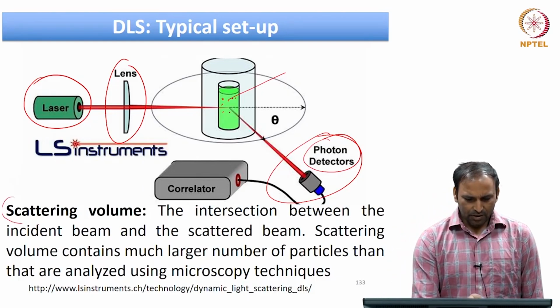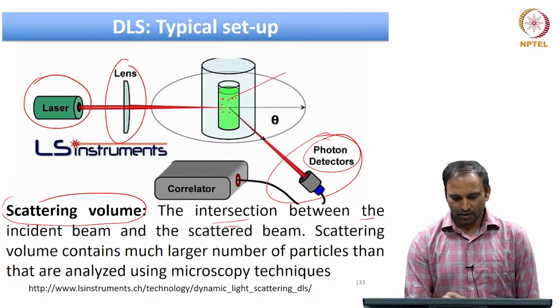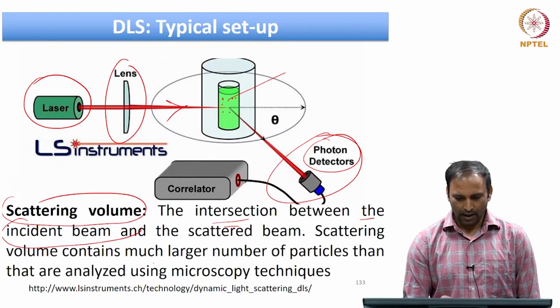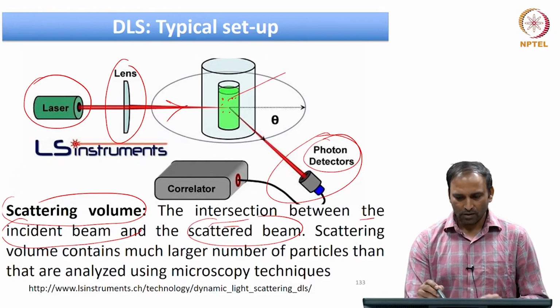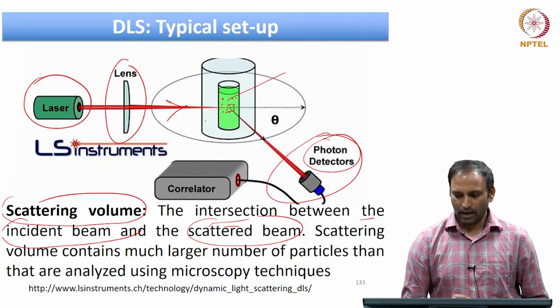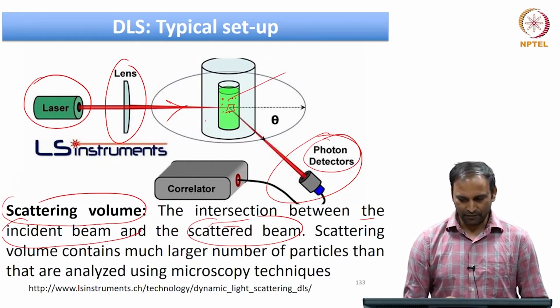Again, I had mentioned the scattering volume at some point. The intersection between the incident beam and the scattered beam gives you some finite volume, and that contains the particles that you have in the fluid.